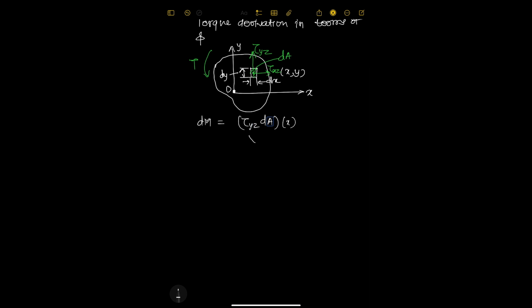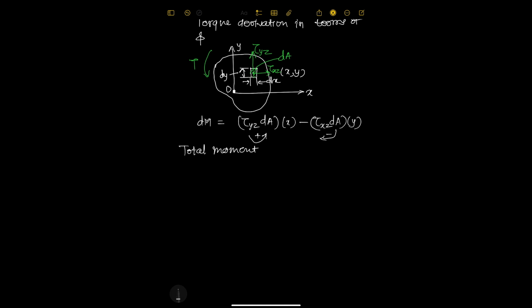Now this tau yz is counterclockwise, so we take this moment as positive, and tau xz is in the clockwise direction, so we take it as negative. So tau xz dA is force into lever arm y.